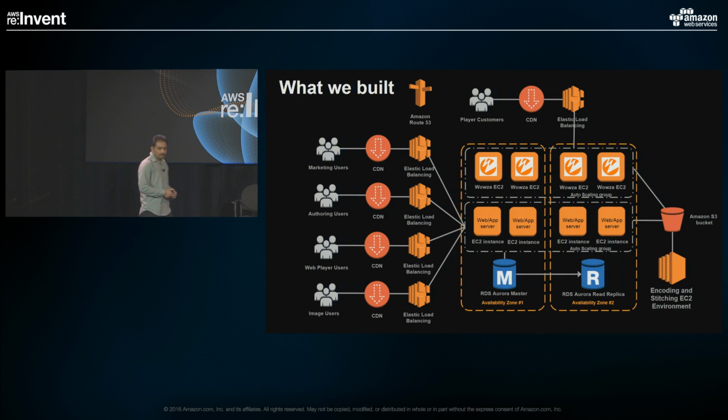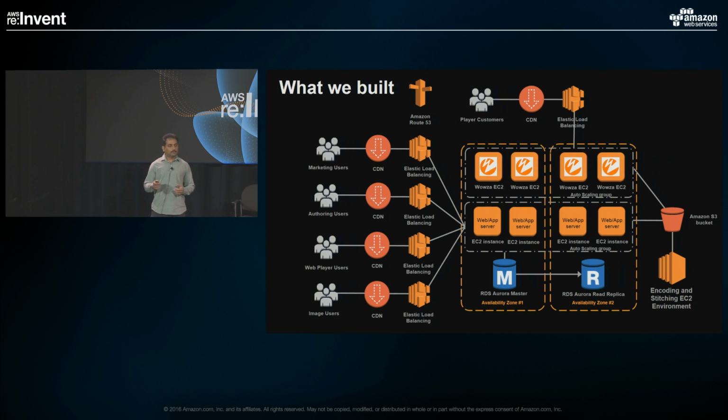This is our architecture overview, which depicts the microservices architecture model that I was talking about. The ingest users, the players, the ads engine, and the analytics engine all interact with our microservices backend through the elastic load balancing layer.